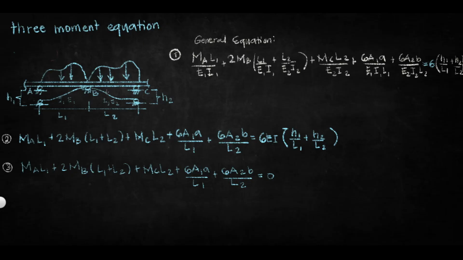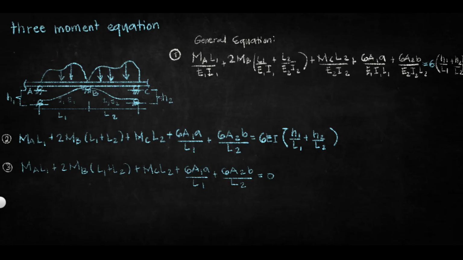In some problems, some structures have what we call settlement. Let's say this is point A, and it settles downward like this. Let's say that settlement is H1, and on the other side there is settlement H2.